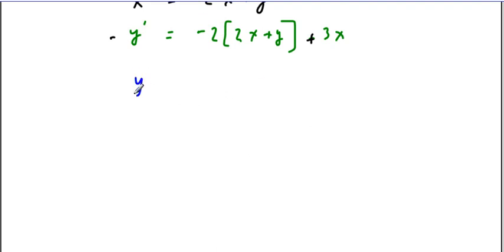Okay, so that's going to give me y prime is equal to x plus 2y. And from up above, what do we have? Up above we have y is equal to minus 2x plus x prime.